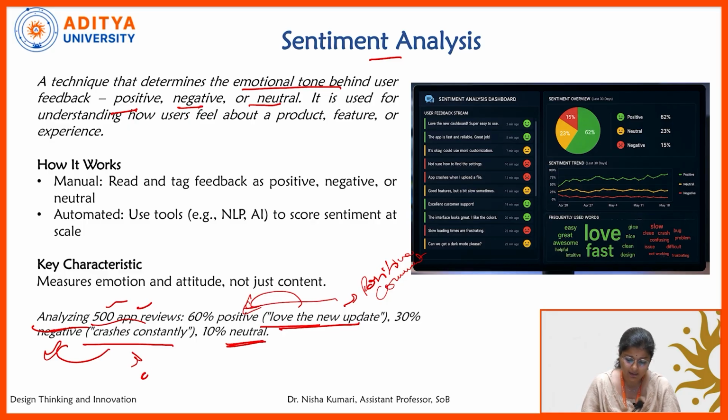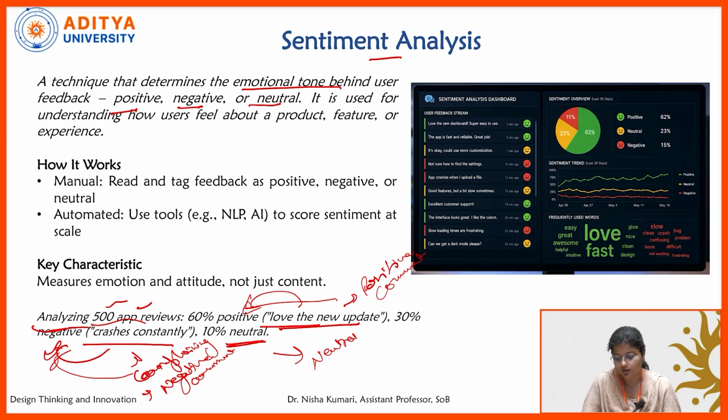If someone is complaining or giving a negative comment, it comes under negative. And if the user is not saying anything, it comes under neutral, because they didn't say anything.